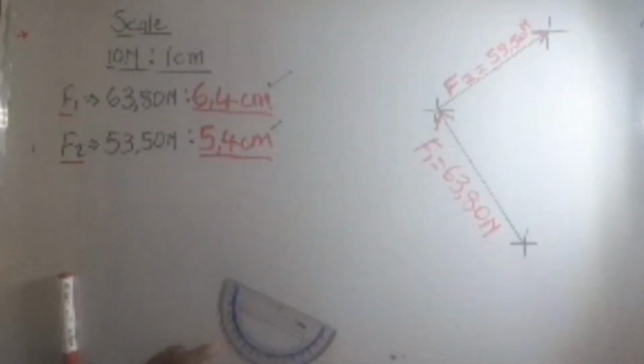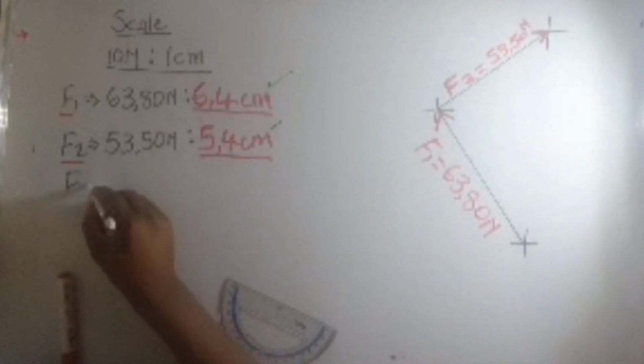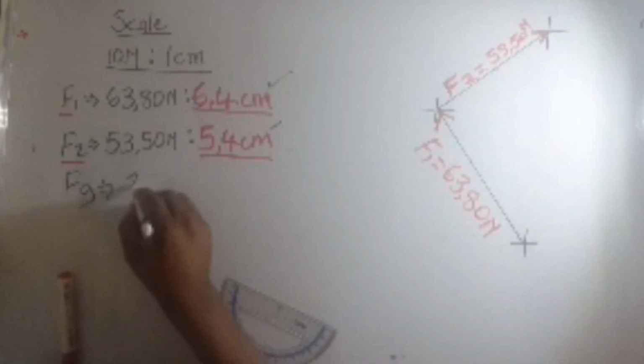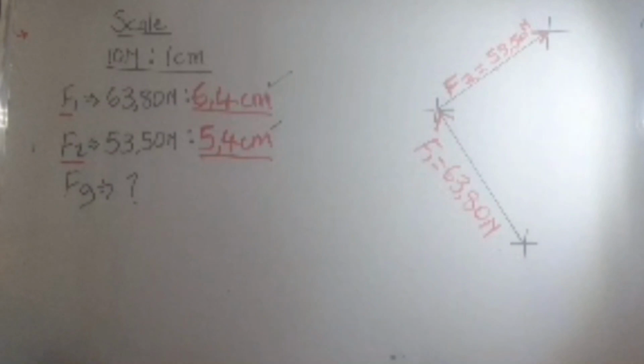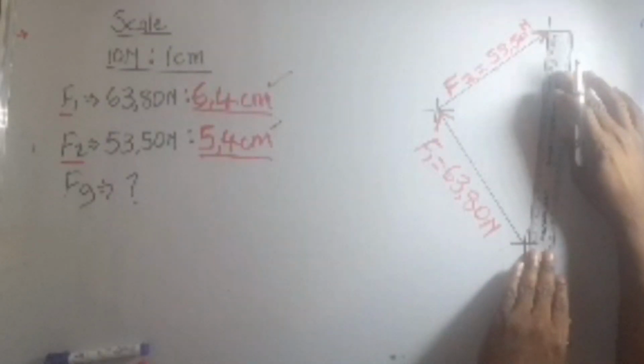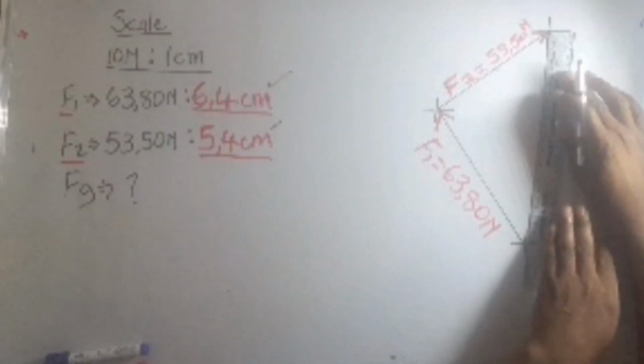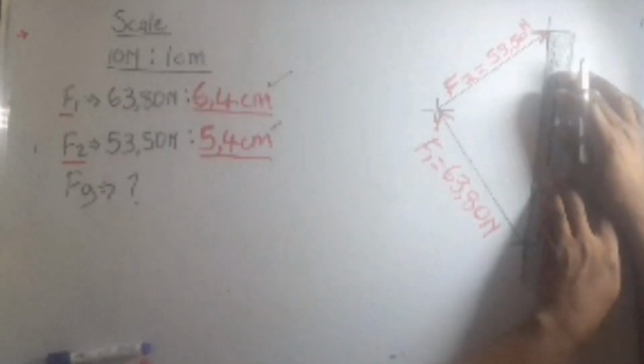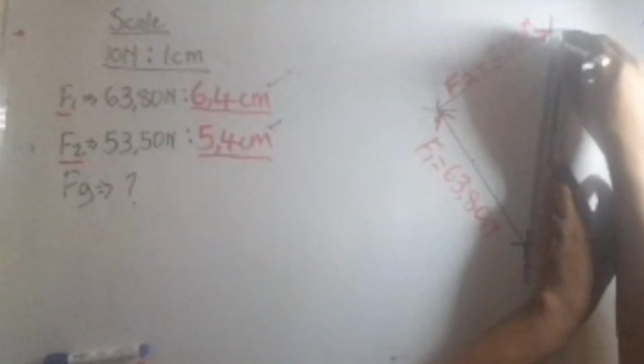Now for FG, which we did not know, we simply join the two vectors. You can see now they are in line with each other. So you just simply join these two lines.